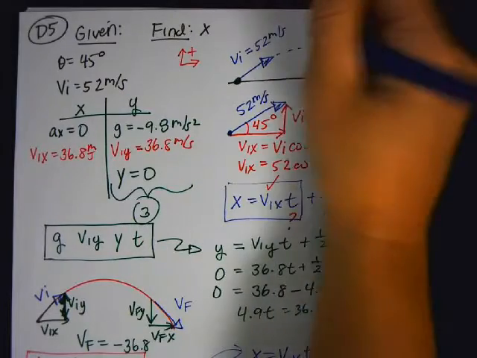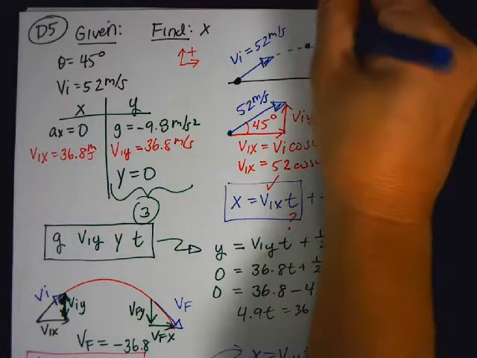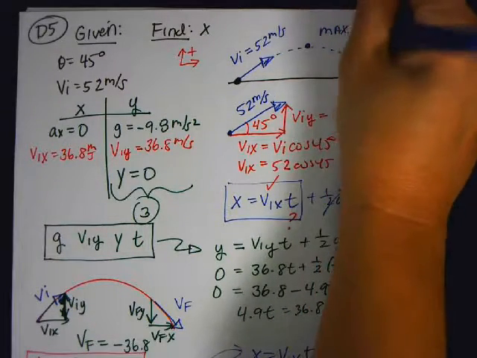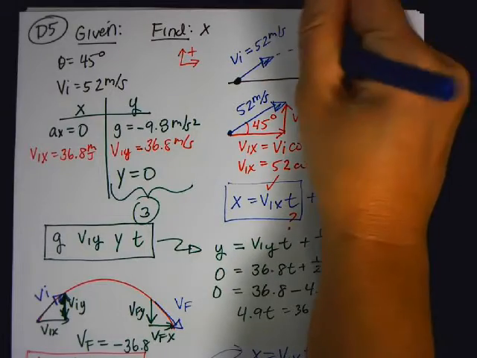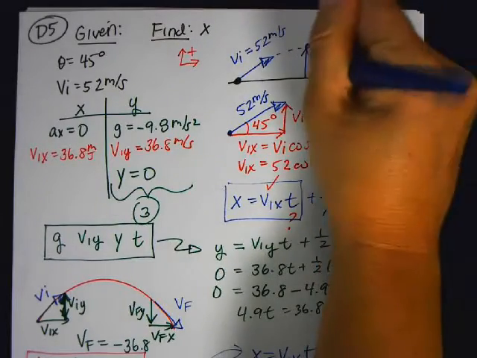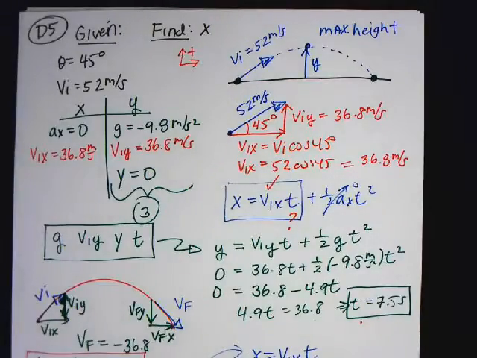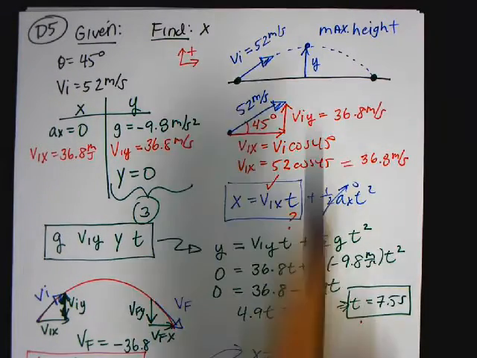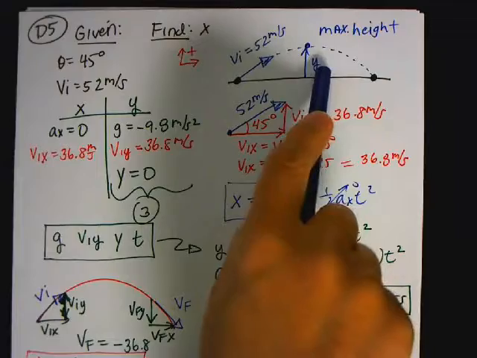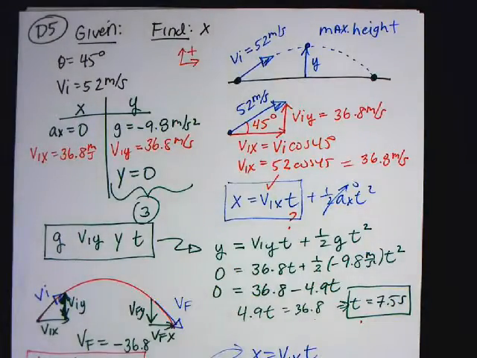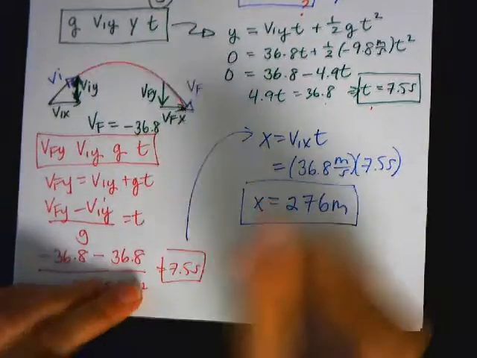If I asked you the maximum height here, this maximum height is going to occur in half the time because there's no air resistance. So if I found that the time was 7.5, if I wanted to find this maximum height y that occurs here, which would be halfway, I would use the same equation.